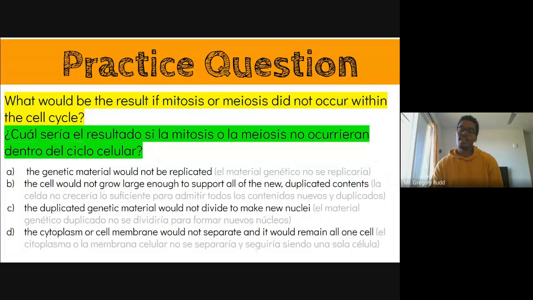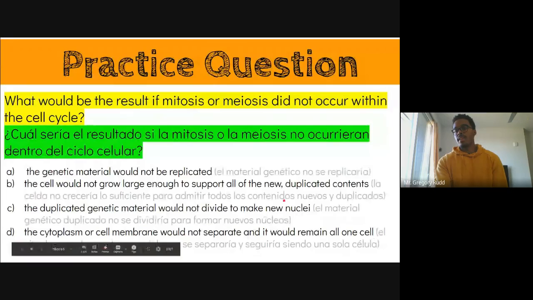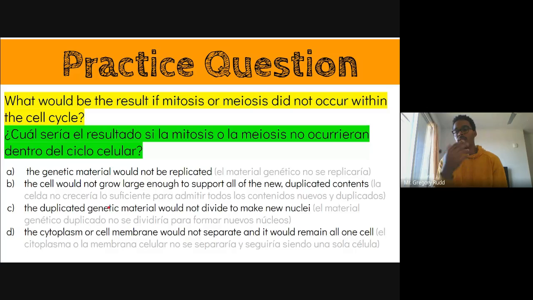What's the step of the cell cycle when the cell membrane and the cytoplasm split up? What's that called? Is it the M phase or mitosis? No, mitosis is actually step C. So we were correct in saying that C was the right answer. Melissa just jumped in and gave us the right answer, but thank you, Lisa, for bringing that up.